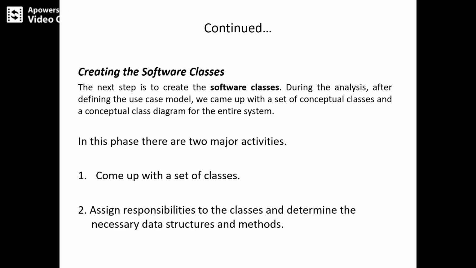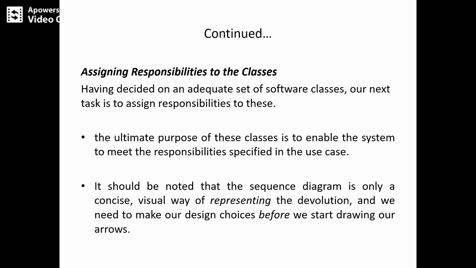We need to come up with a set of classes. The other is to assign responsibilities to the classes and determine the necessary data structures, where we need to add all the primitive data structures and all the operations and methods. So these are the two major activities in this phase. This is about creating the software classes.